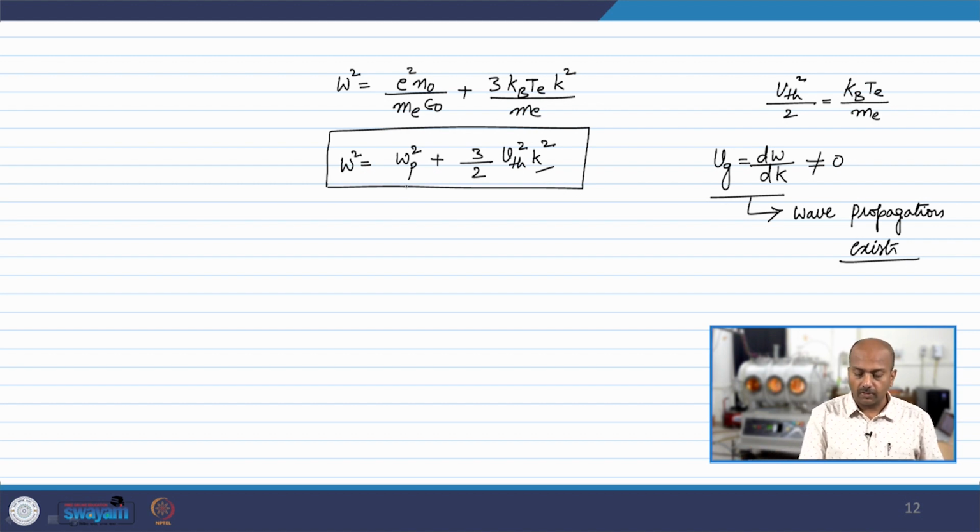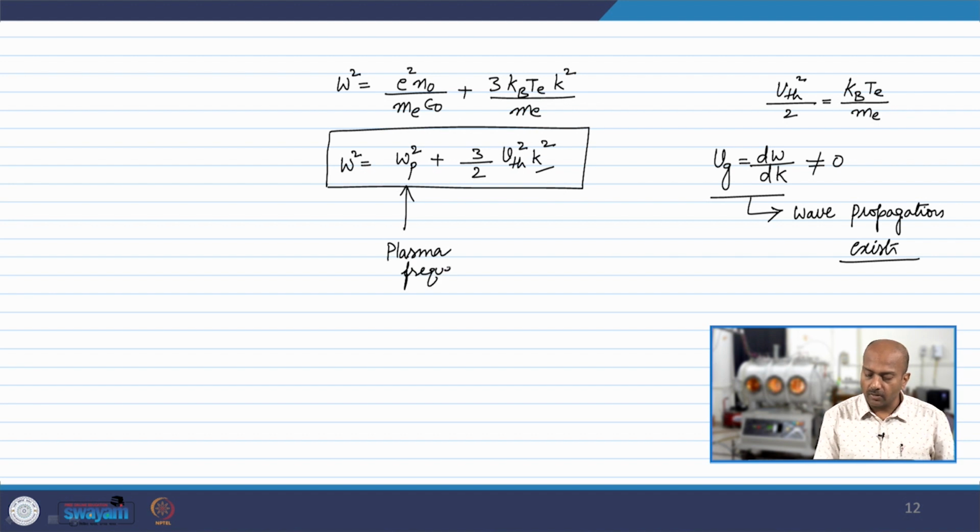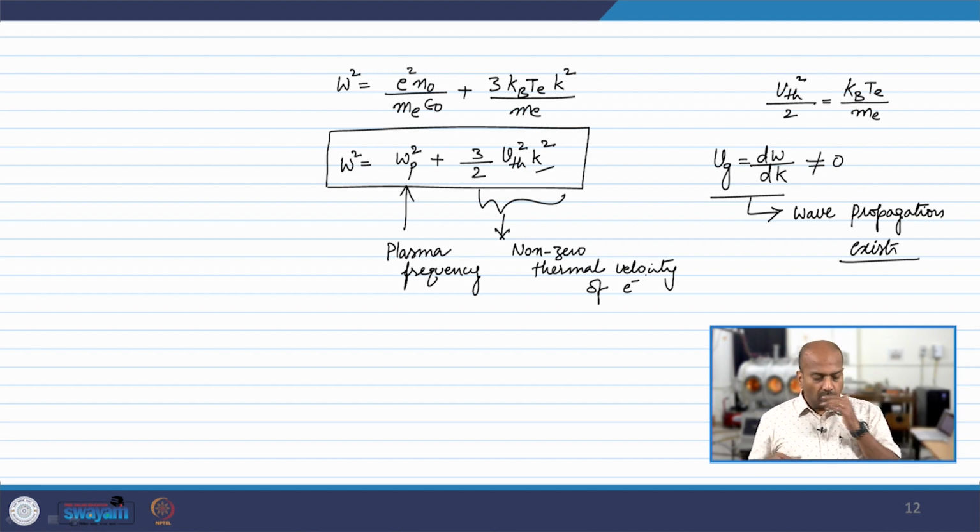So, this is the plasma frequency, which is a characteristic of the plasma oscillations, and this part is because of the non-zero thermal velocity of electron, right. Now, let us try to rewrite this expression in terms of something that we know.